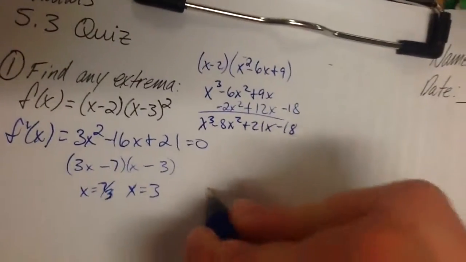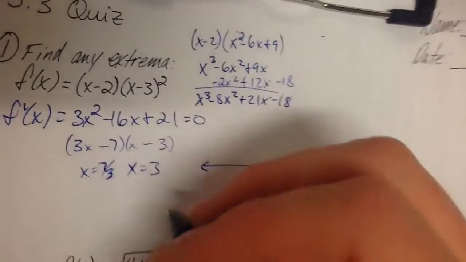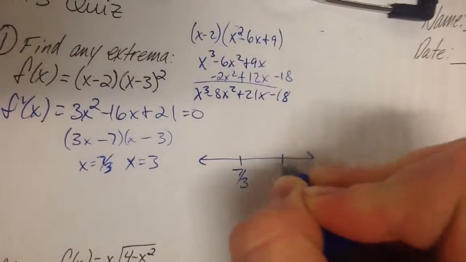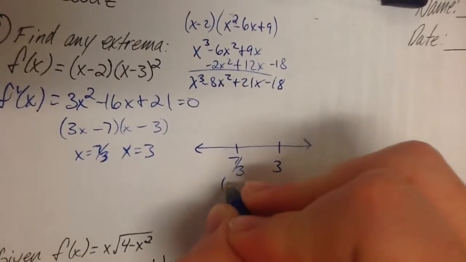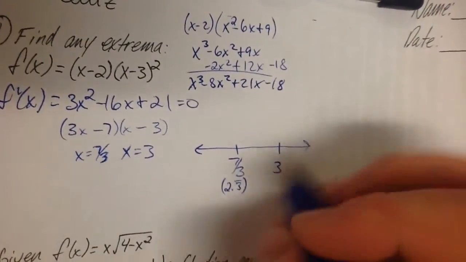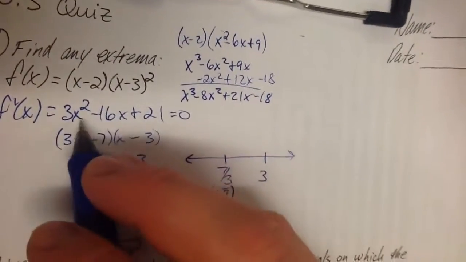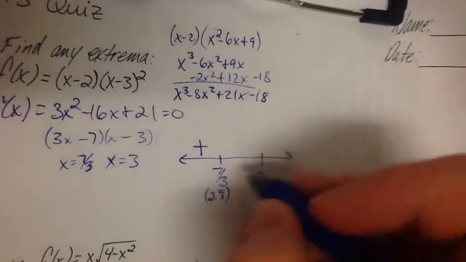So I'll set up my little number line here. 7/3, what's that? 2 1/3, so that's below 3. So here's 7/3, here's 3. I'm just going to make myself a little note. That's like 2.333. So over here, pick 0, plug in 0 to my derivative, and I get 21, so that's positive.